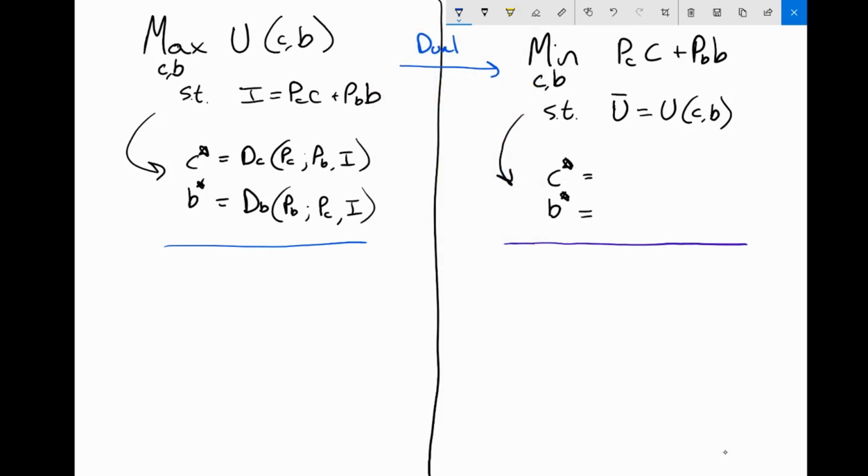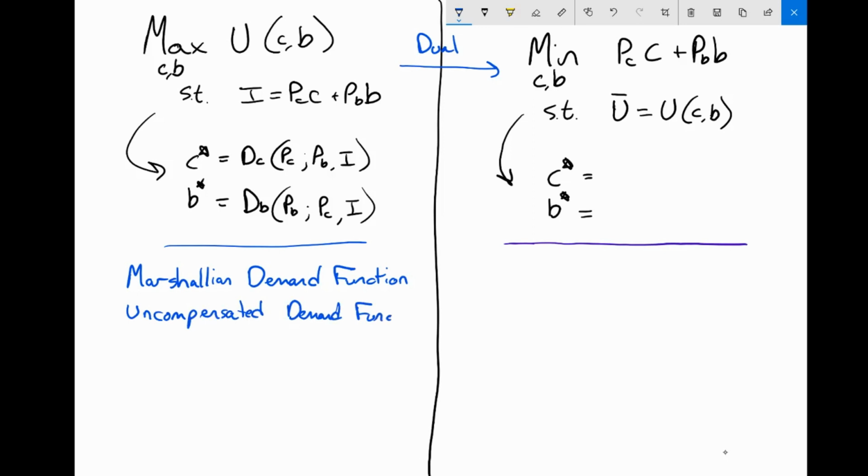The functions that we derive from utility maximization are called Marshallian demand functions, or we might call them uncompensated demand functions. What do I mean when I say uncompensated?